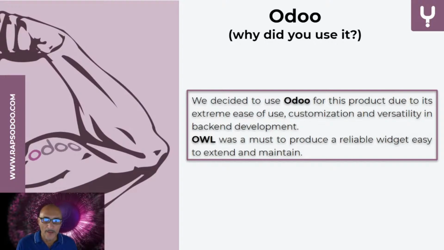More, we decided to give a go using Odoo Web Library as a framework library to develop this widget. The Odoo Web Library is quite a smallish framework that helps you to build Odoo Web Client components using powerful Odoo Common JavaScript API library.